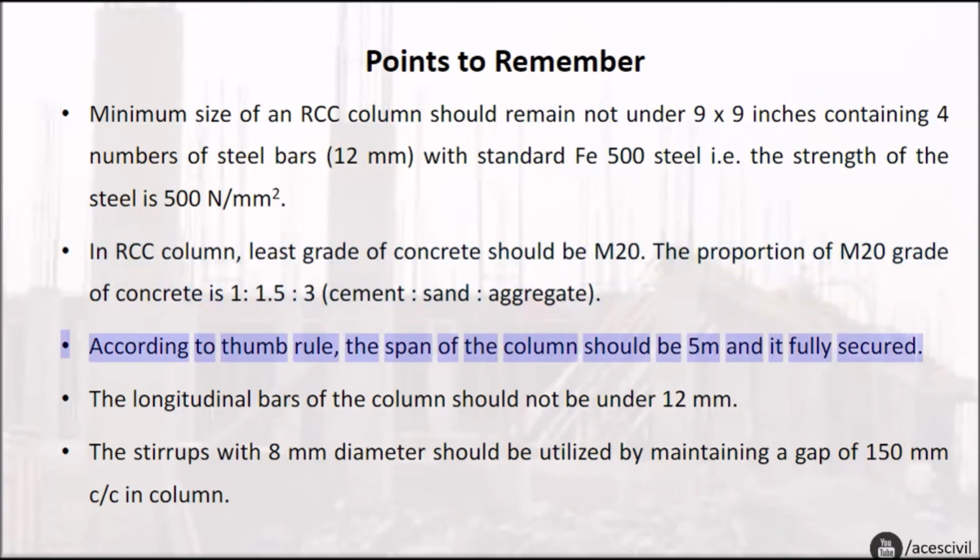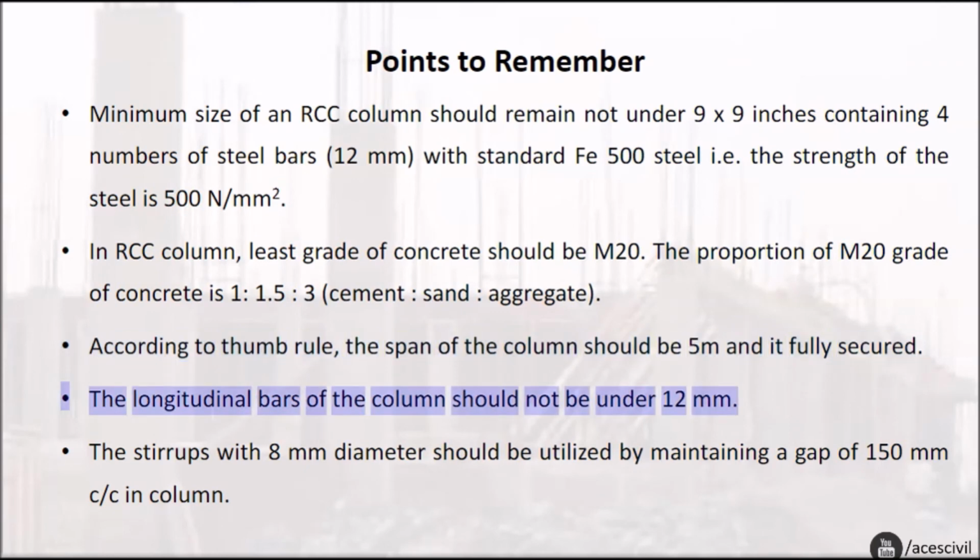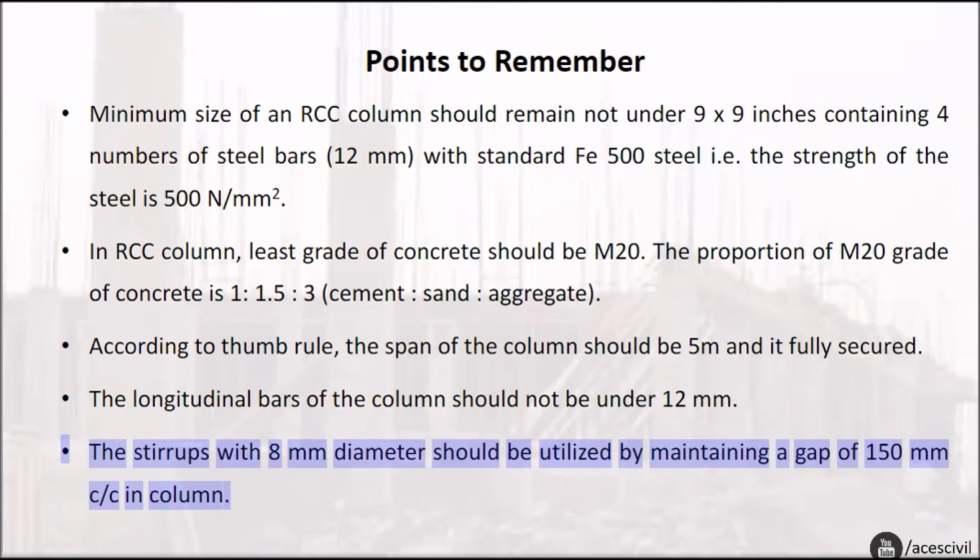According to thumb rule, the span of the column should be 5 m and it is fully secured. The longitudinal bars of the column should not be under 12 mm. Stirrups with 8 mm diameter should be utilized by maintaining a gap of 150 mm c/c in the column.